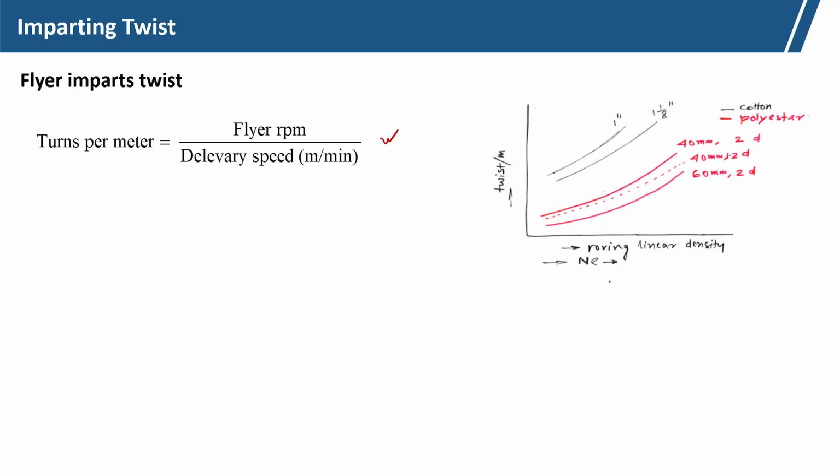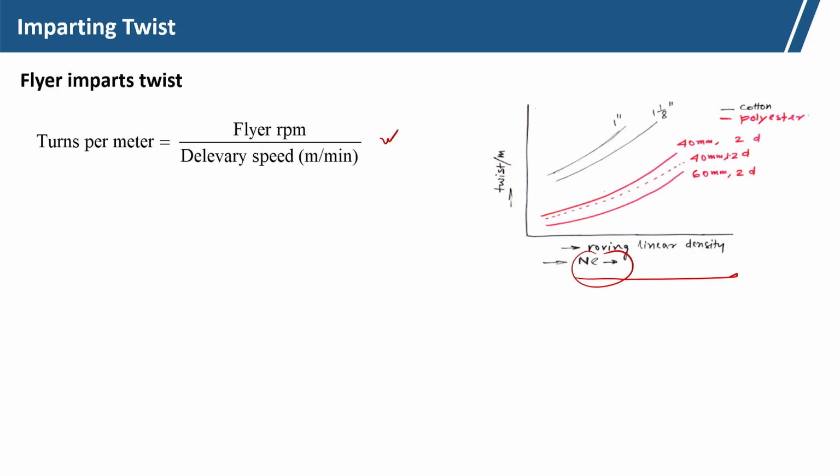If we increase the roving linear density, that is, if the roving becomes finer, the twist has to be increased.